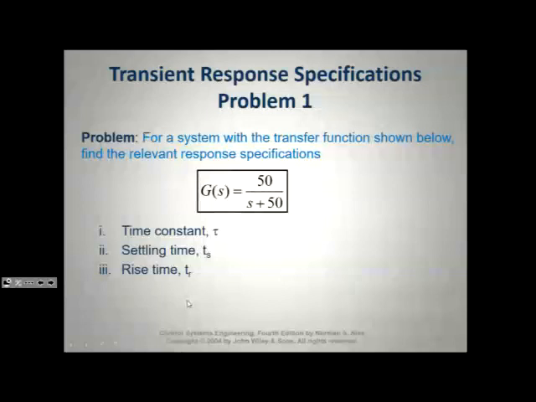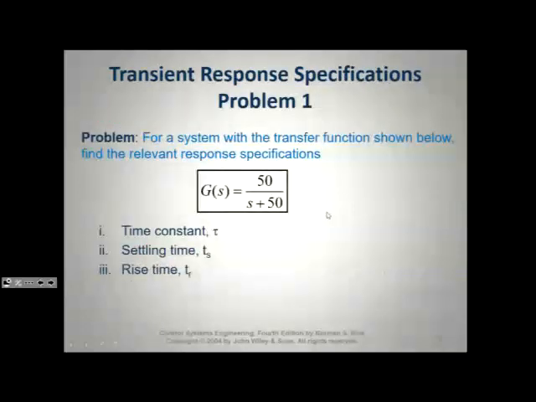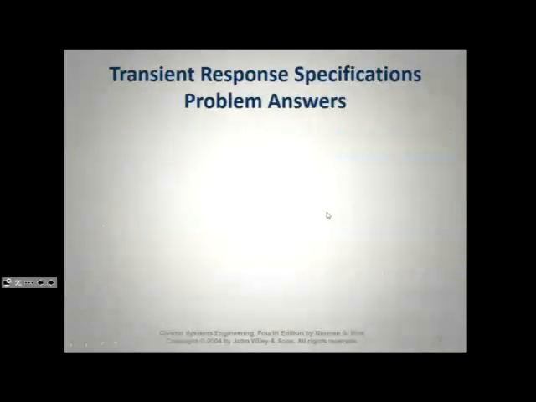I don't think we'll bother doing that one because it's just the same as what you've been doing already. But the idea is you rearrange that so you end up with a formula of s plus 1 on the bottom. So again, the gain of this system's 1, the time constant's 1 over 50, and then you just plug these numbers into these equations to get those other values. So just skip those. I'm not going to make you do that.